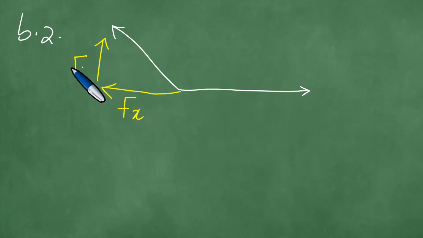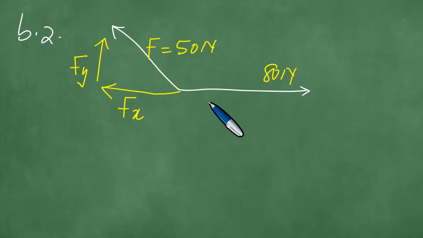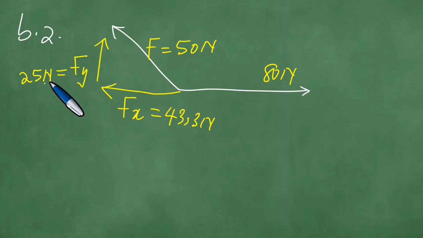This is our Fx, this one is our Fy, and this is our force F of 50 newtons. We have 80 newtons here as a force on the horizontal. So this Fx, we know very well, is 43,3. And Fy is actually the same as 25 newtons. This one is 30 degrees.